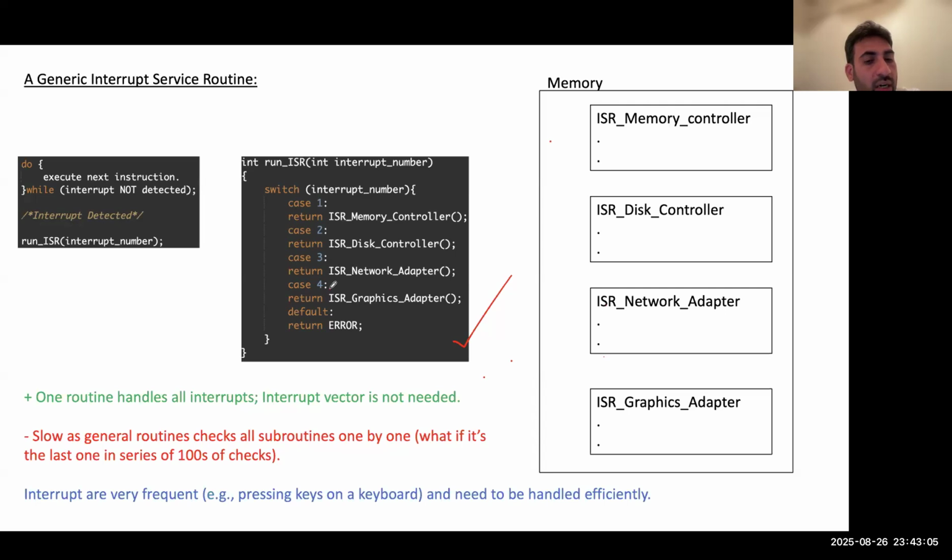Why do we want our interrupt handling to be fast? Because interrupts occur very frequently. It's not like they are rare. For example, when you are pressing keys on a keyboard, you are generating interrupts, and they need to be handled efficiently. If something is happening frequently, then you need to handle it efficiently.